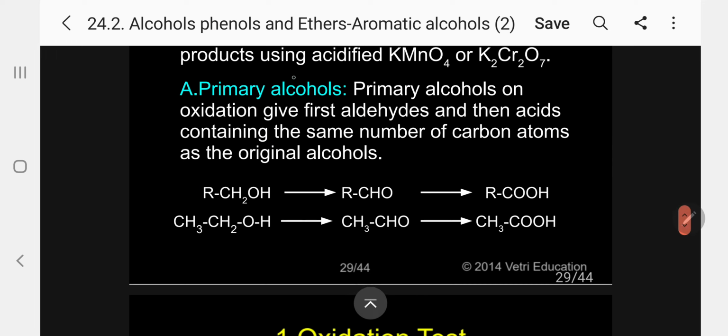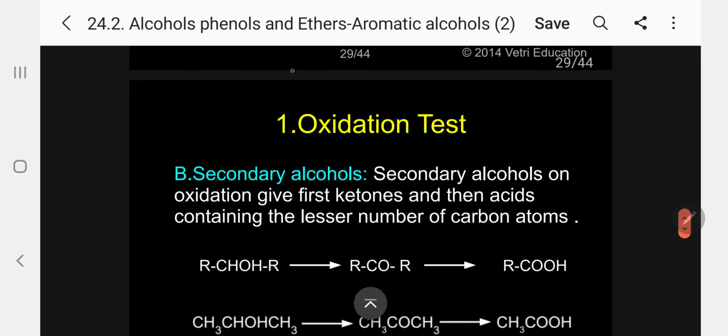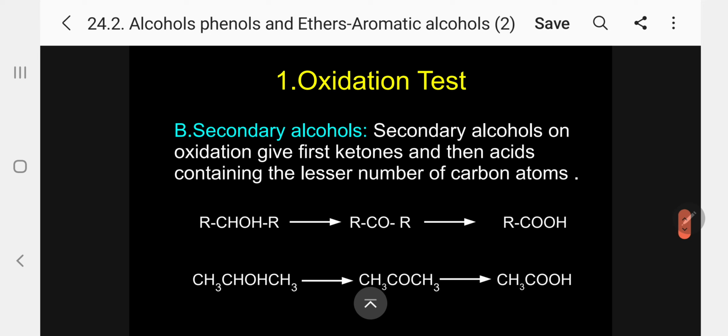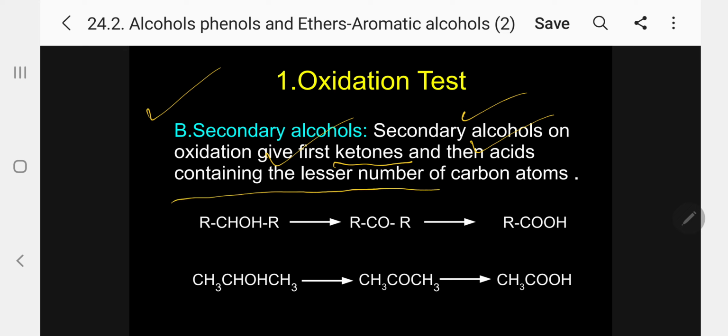Kindly follow. Now, coming to secondary, under the oxidation test, what will happen? Secondary alcohols on oxidation give first a ketone. Primary gives aldehyde, secondary gives ketone, and then acids containing a lesser number of carbon atoms. It also forms an acid, but the number of carbons is less.